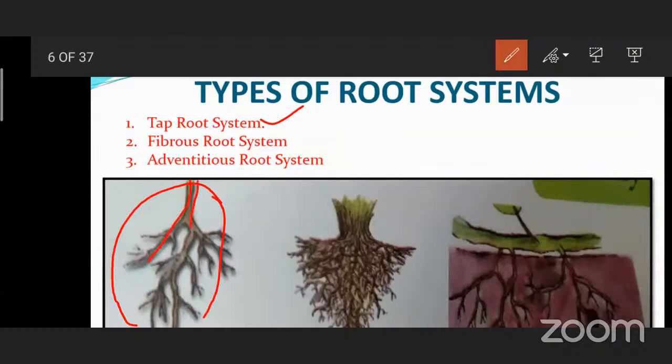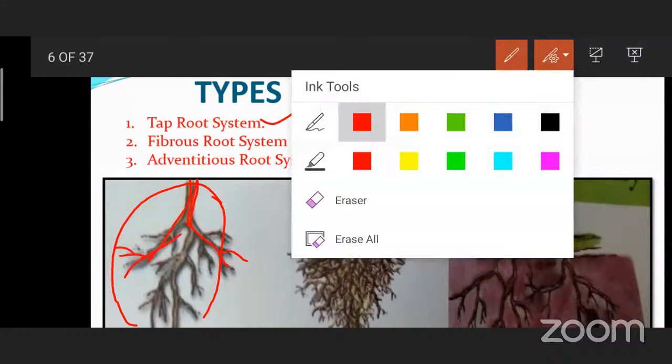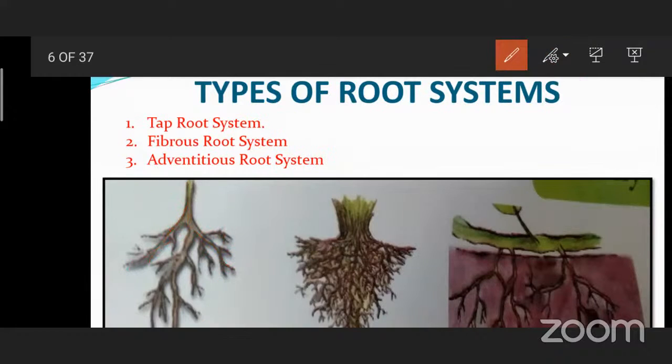See here, this is the primary root which grows into the soil. It bears lateral roots of different orders, that is secondary roots and tertiary roots. The primary root bears secondary roots and tertiary roots. This is the taproot system.